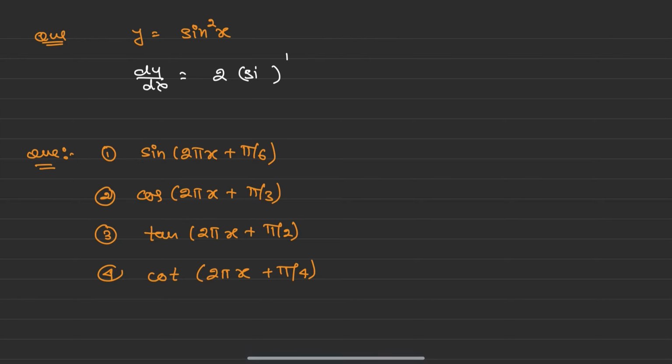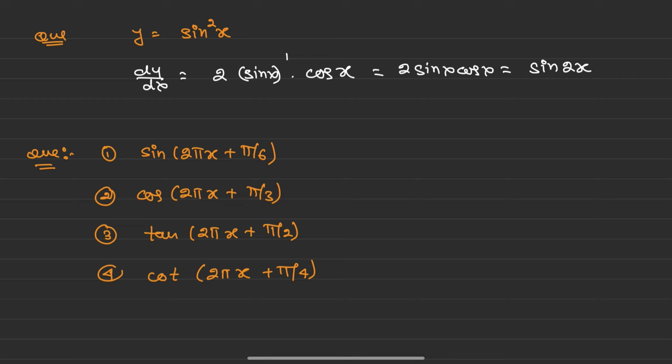What will come over here? Sin x. Now the derivative of sin x will become cos x, because something was our sin x. So the answer will become 2 sin x cos x. And if you know a little bit of trigonometry, it is the formula of sin 2x.